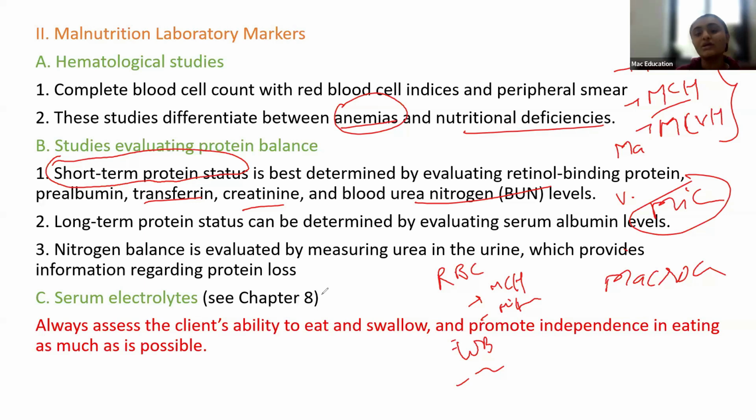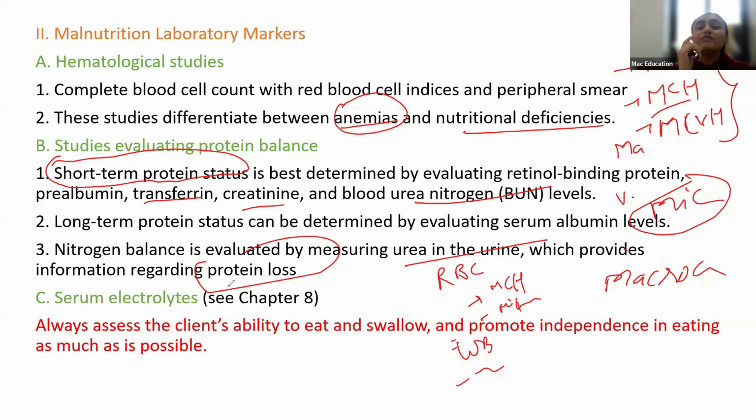Long-term protein status can be determined by evaluating serum albumin level. If you check the serum albumin of a person, you can identify the long-term protein status, that is, how much protein is maintained in an individual's body. Nitrogen balance is evaluated by measuring the urea in the urine, which provides information regarding protein loss.